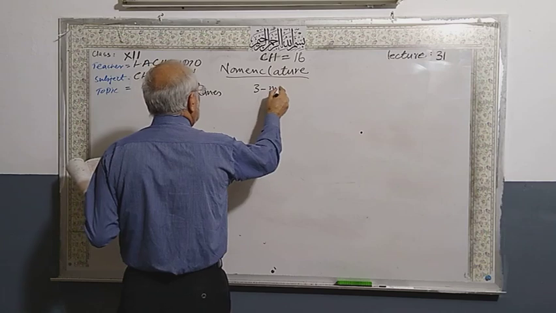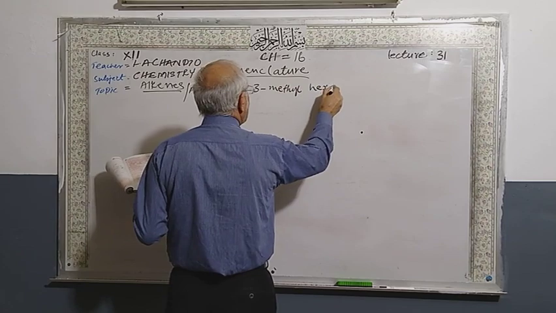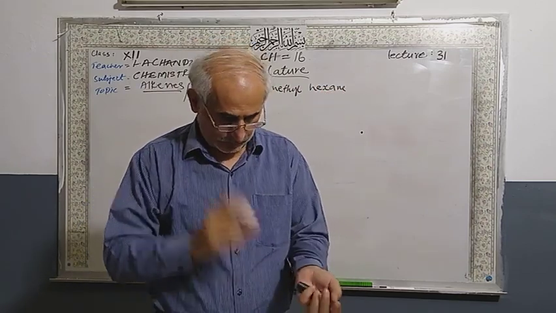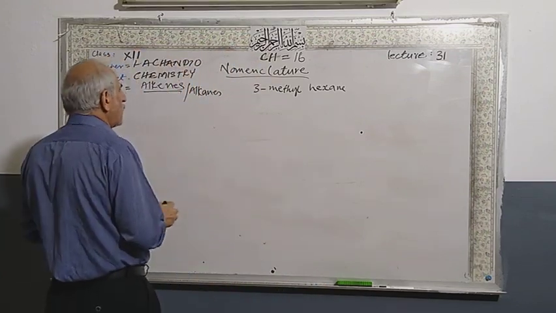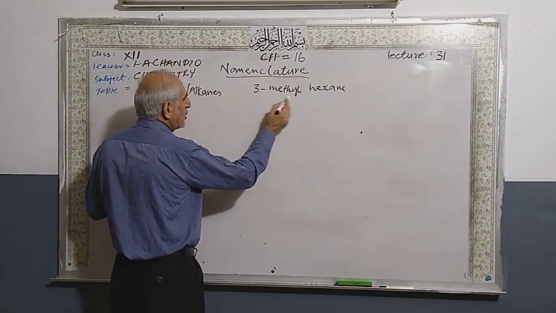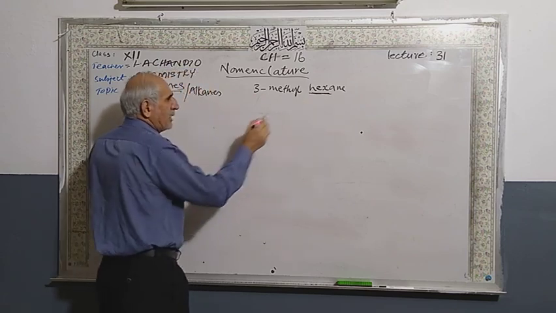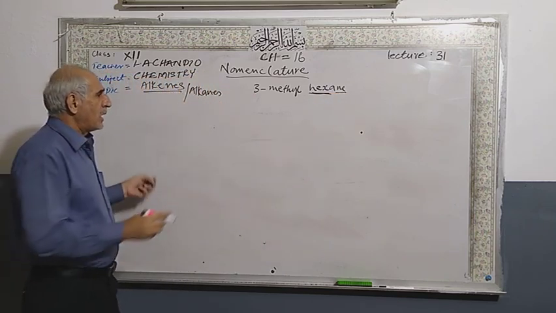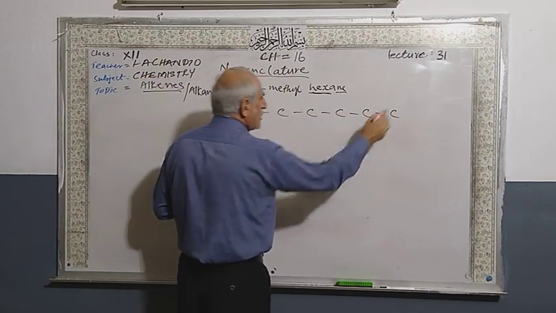3-methyl hexane. You have to obey the rules for the nomenclature. 3-methyl is the branch. Hex stands for the number of carbon atoms, 6. The suffix -ane means the nature. 1, 2, 3, 4, 5, 6.